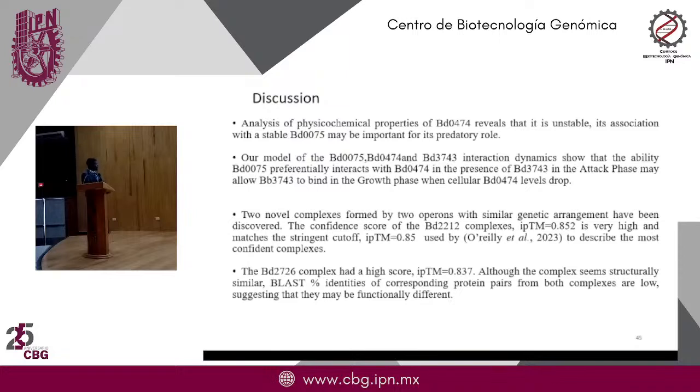The second, the BD2726 complex, has a high score as well, of 0.37. Although these complexes seem structurally similar, BLAST identity shows that they are different, suggesting that they are functionally different as well.